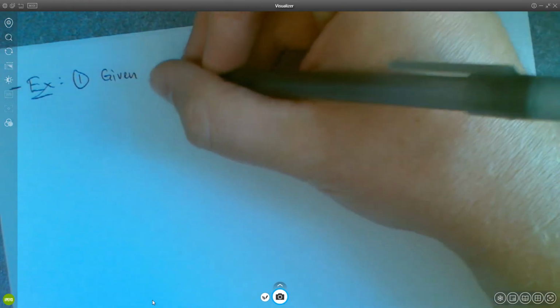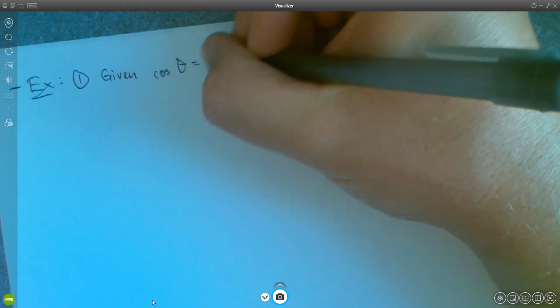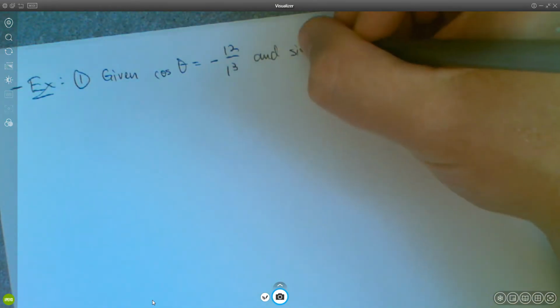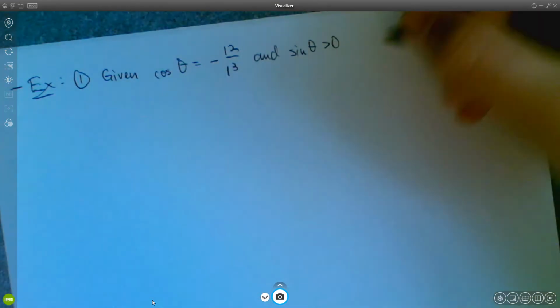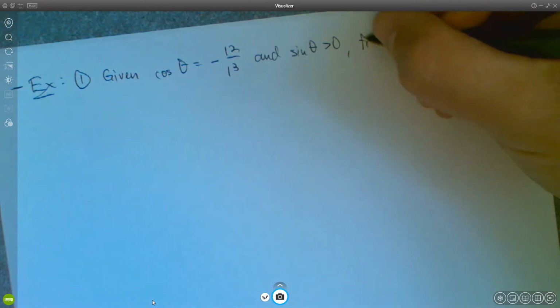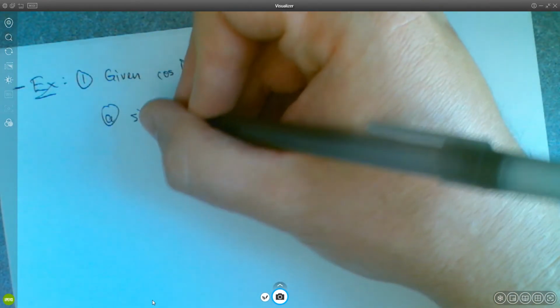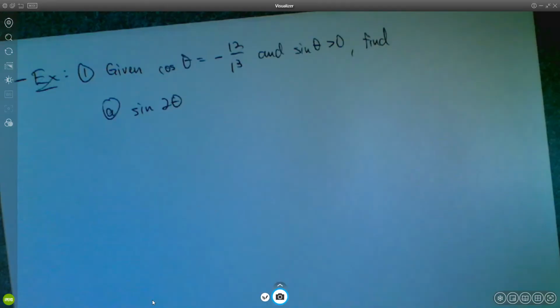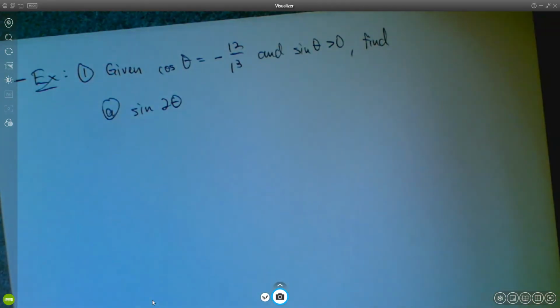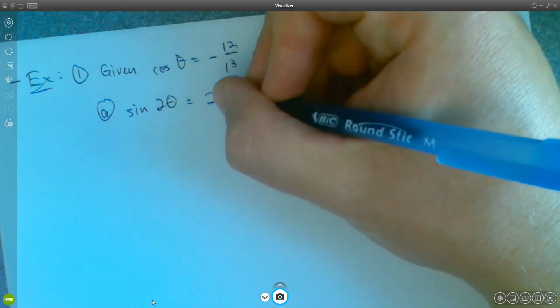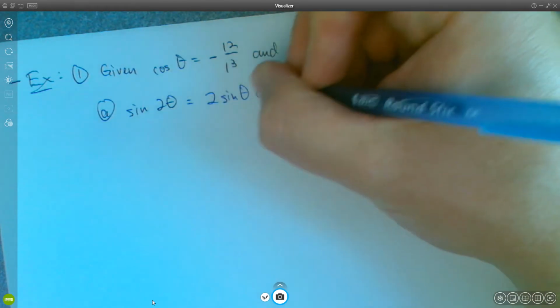Given cosine theta equals negative 12/13 and sine theta greater than 0, let's find sine 2 theta. Well, sine 2 theta is just 2 sine theta cosine theta.